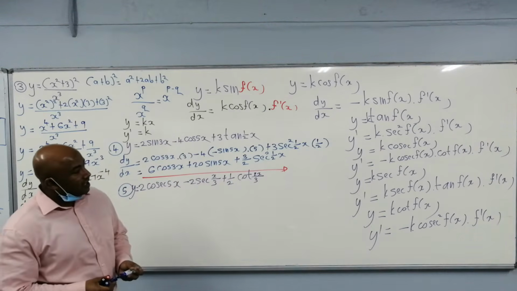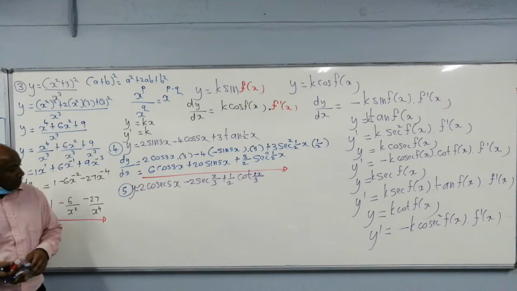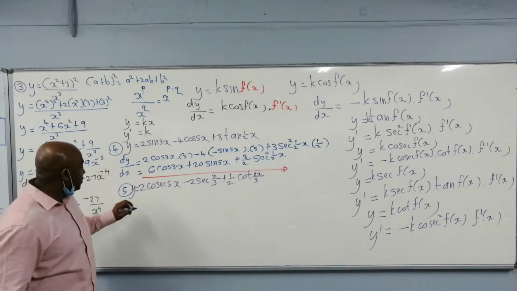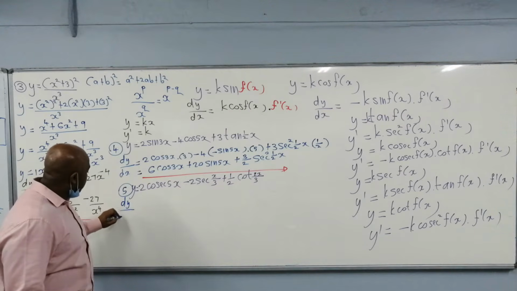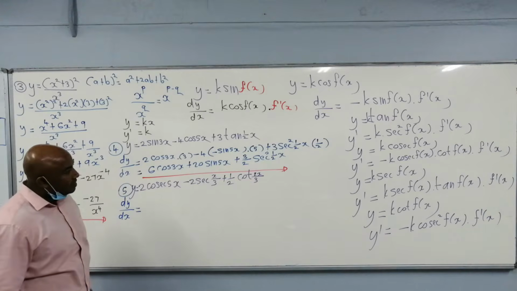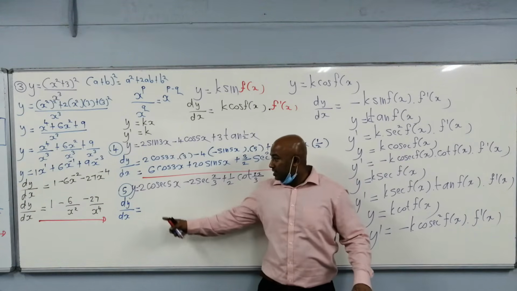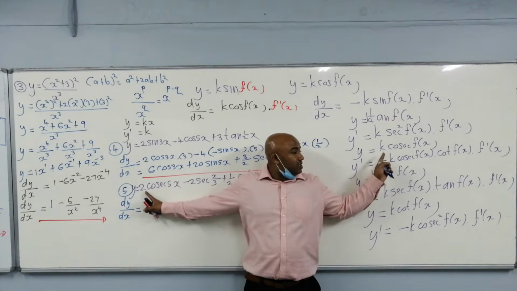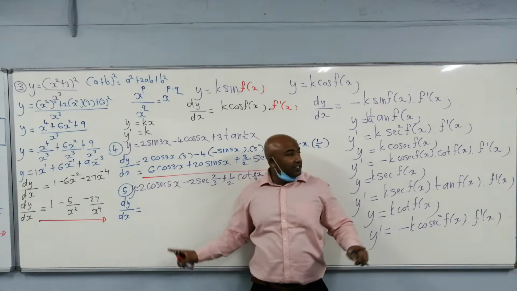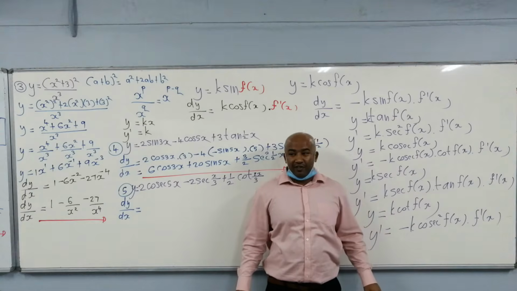So now let's differentiate this. I've got y is equal to 2 cosec there. So dy over dx. Here is the formula. I've got 2 cosec f of x, so there's my 2. That's 2 cosec 5x. F of x is 5x.